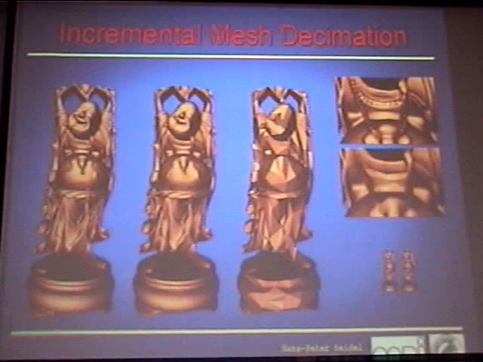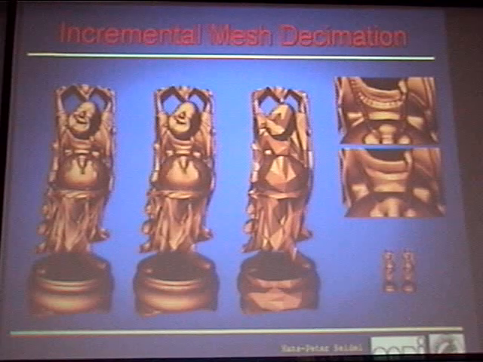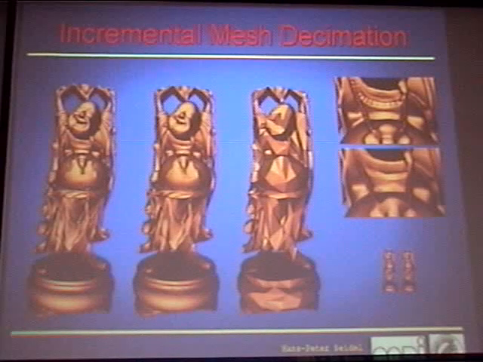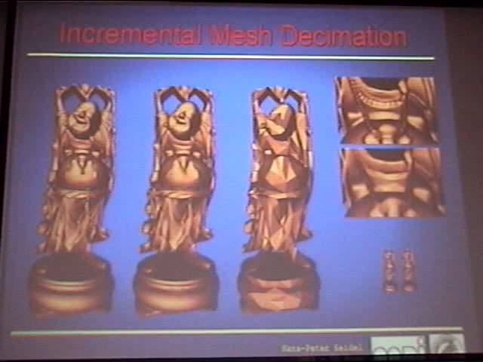Here is one instance of the problem just to illustrate what we're after. This is a standard benchmark object used by this community, the so-called Stanford Buddha. On the left, you see the original object made up of roughly 1 million triangles. On the right, you see a simplification consisting of around 5,000 triangles.